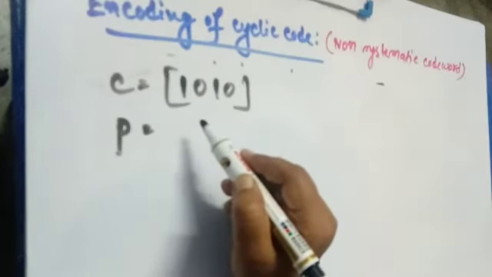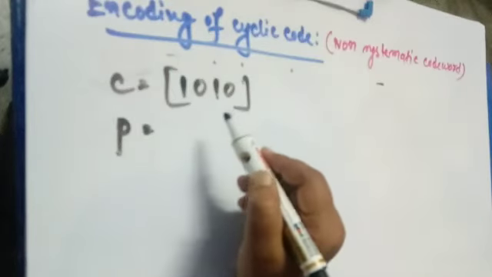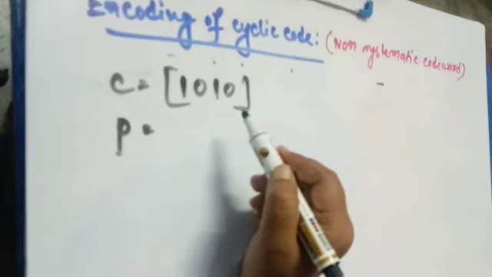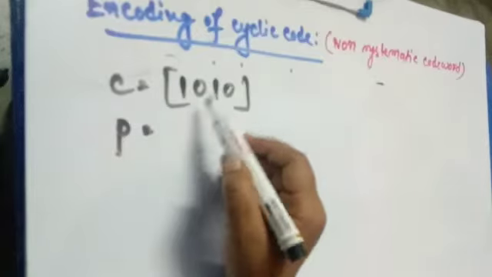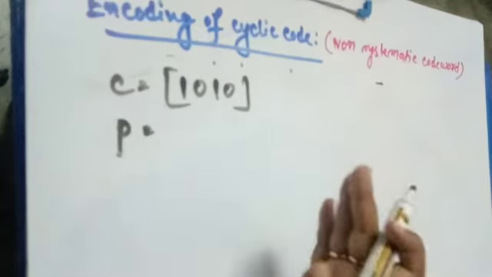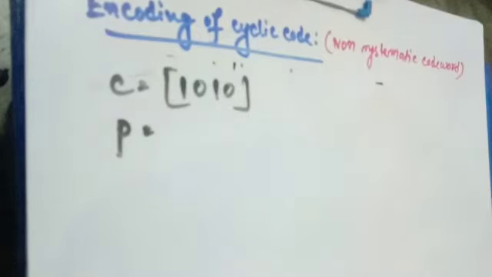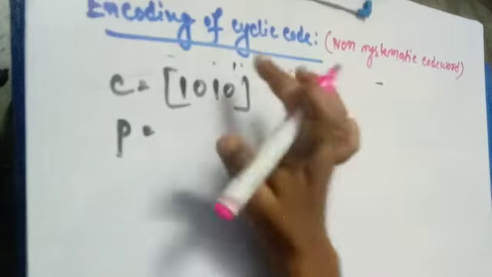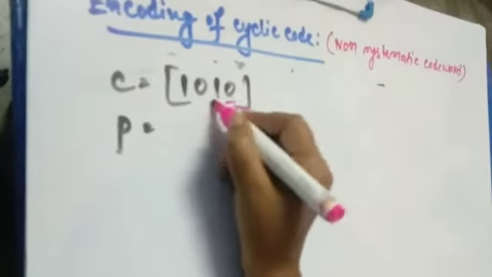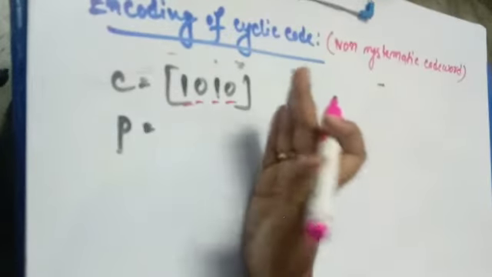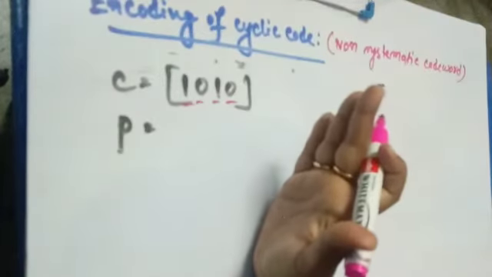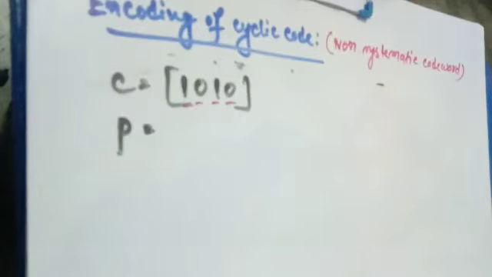We have to consider the least significant bit first, from right to left.